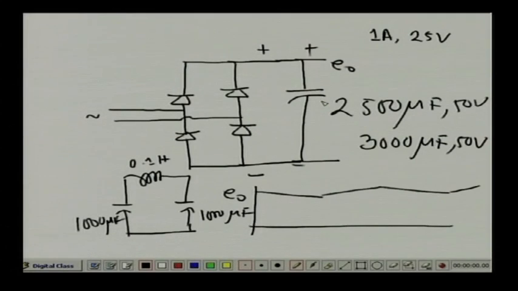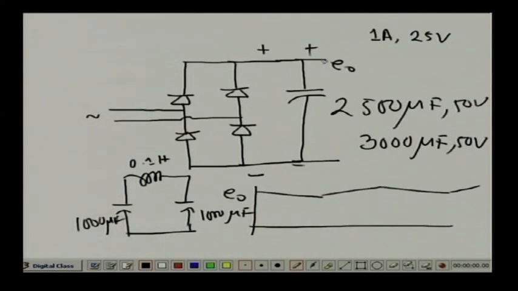Now, in this case, you know what will happen, you see that initially when you switch on the system, a large current is necessary to charge this capacitor, because you cannot connect the capacitor like this one.